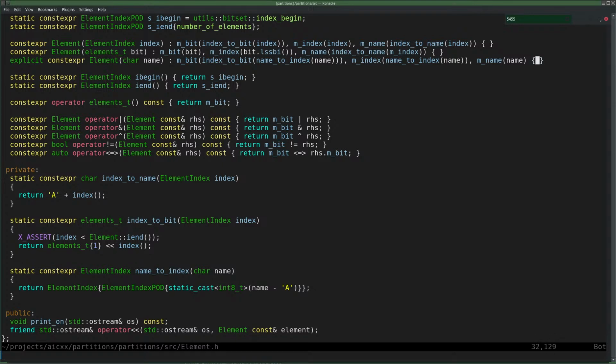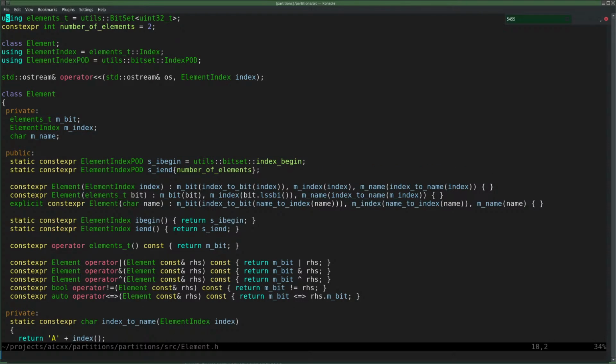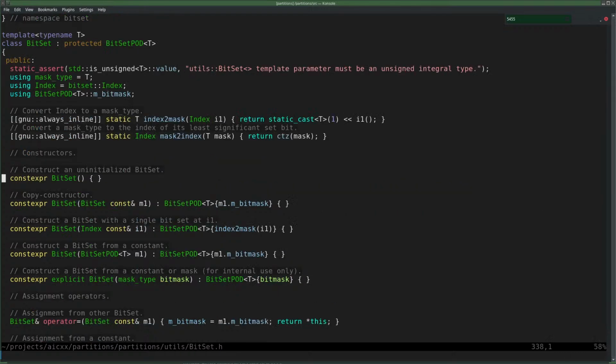Sorry, I was here. Name to index. Now it should absolutely definitely call element index from the index POD, which has an element 0. So that is elements type index, which is just bit set index.